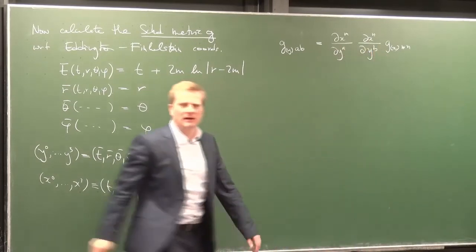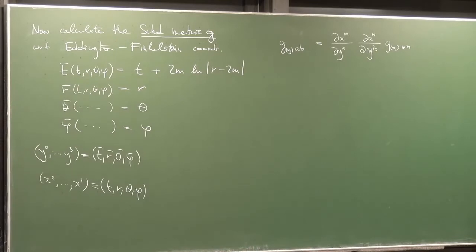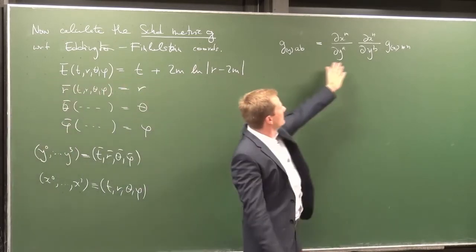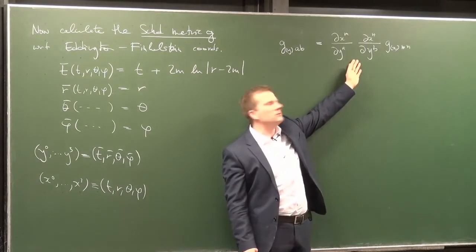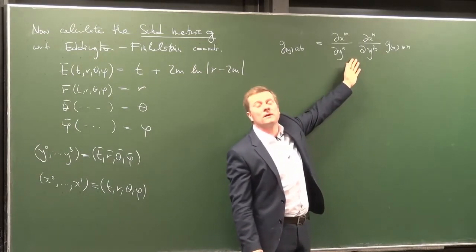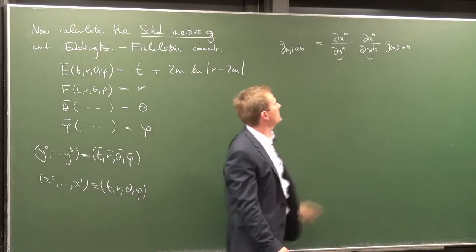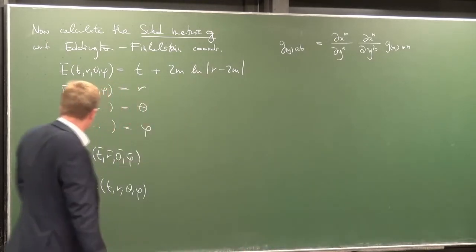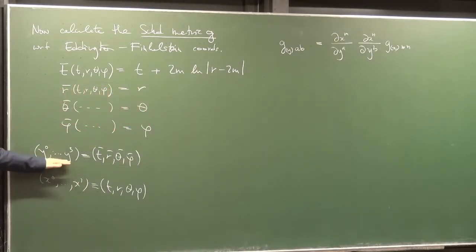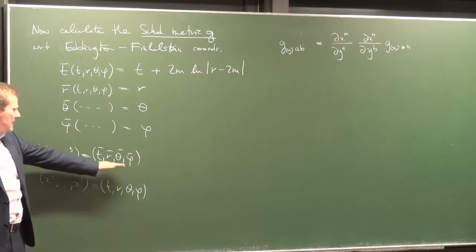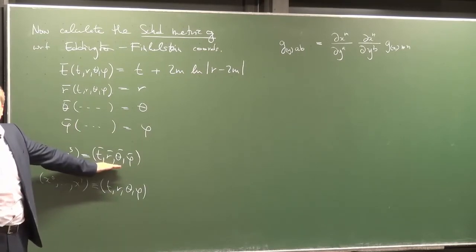Is that the right way around? Yes, it is. So this is the coordinate transformation, the transformation of components of a metric from the X system, the old one, into the new system. Schwarzschild coordinates, Eddington-Finkelstein coordinates, which we like better.